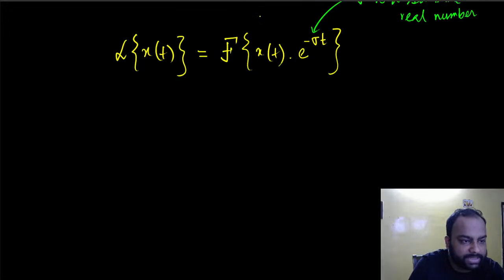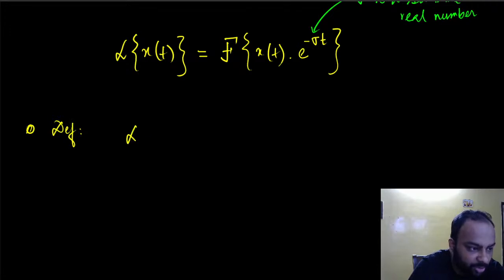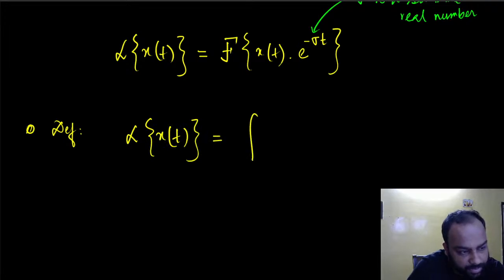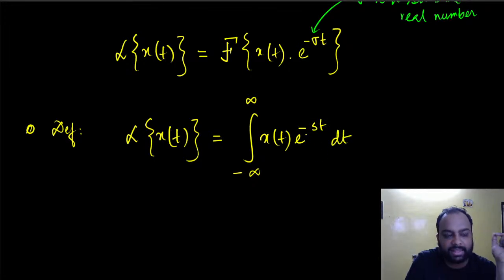And our standard definition is this one. We define the Laplace transform of a signal x(t) as the integration from minus infinity to plus infinity of x(t) multiplied by e to the power minus st dt, and this s actually has sigma plus j omega, so that minus s is minus sigma minus j omega.